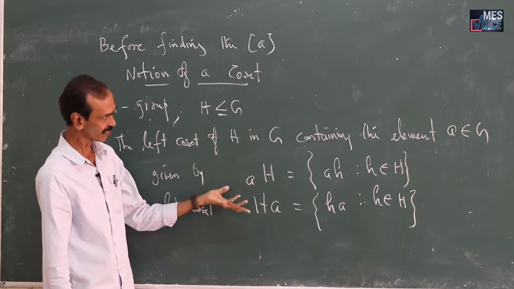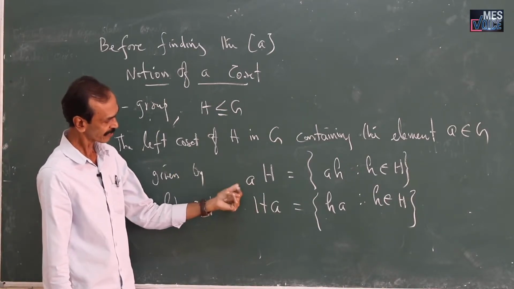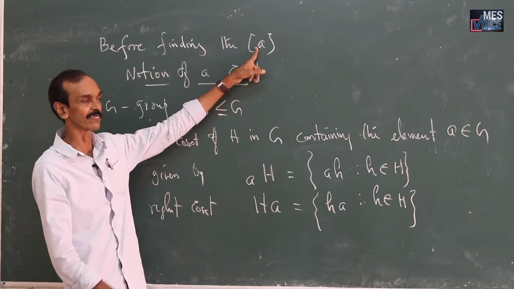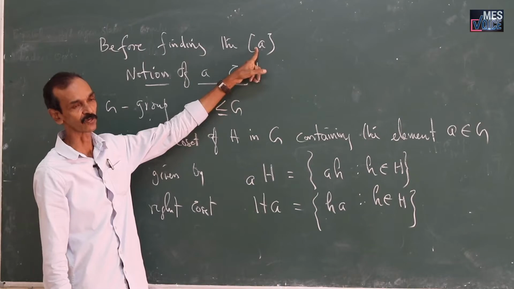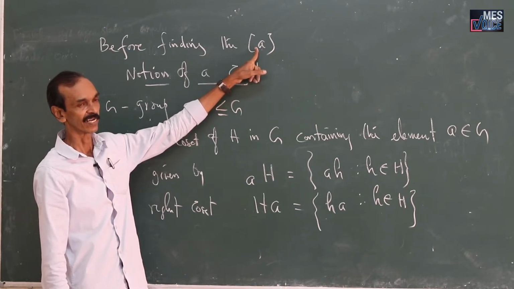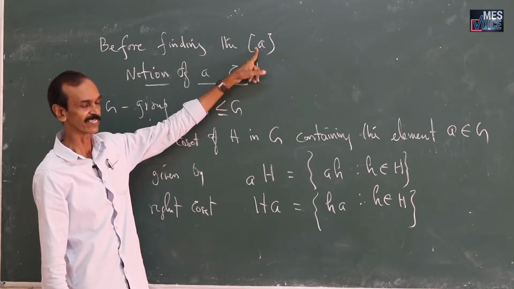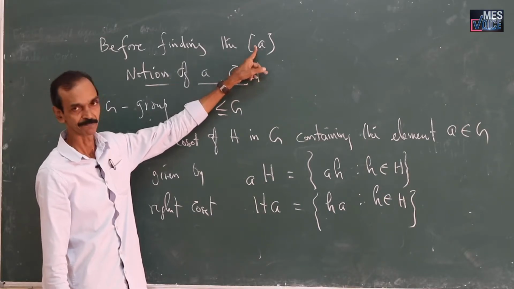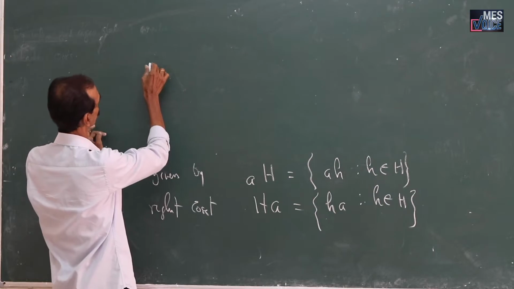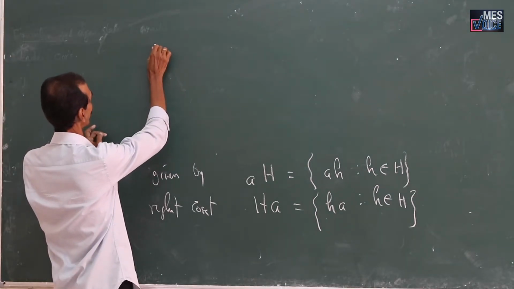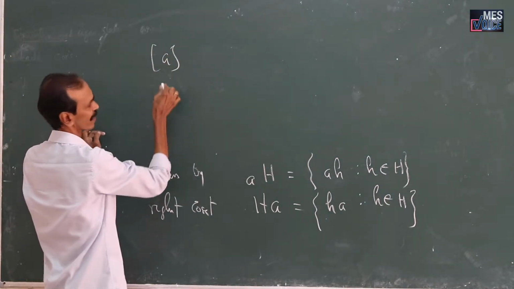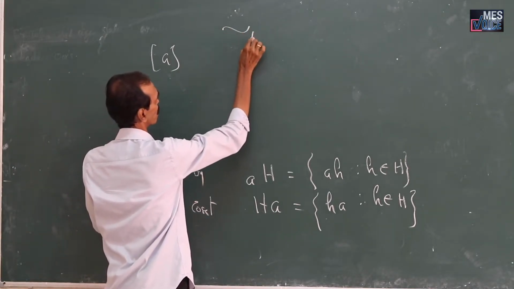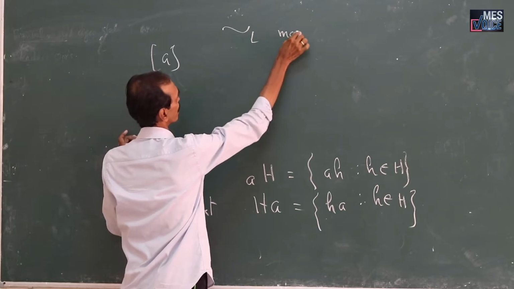Next task is to relate cosets with equivalence classes of that particular equivalence relation which I told you, that is the left congruence modulo H as well as the right congruence modulo H. We are going to write what actually an equivalence class of A of the equivalence relation left congruence modulo H is.